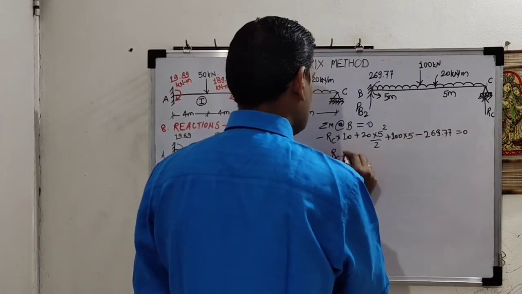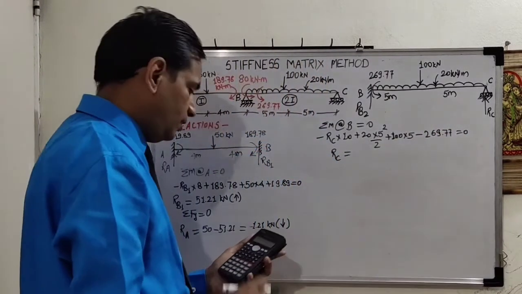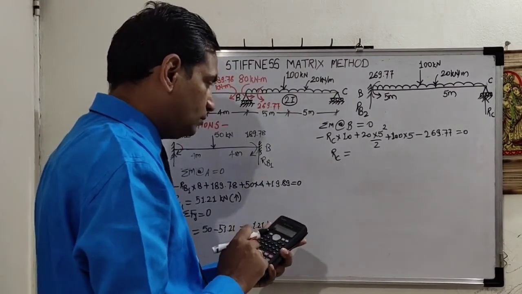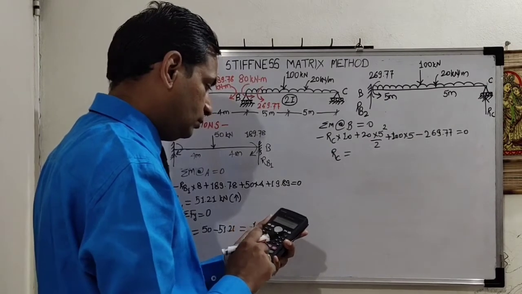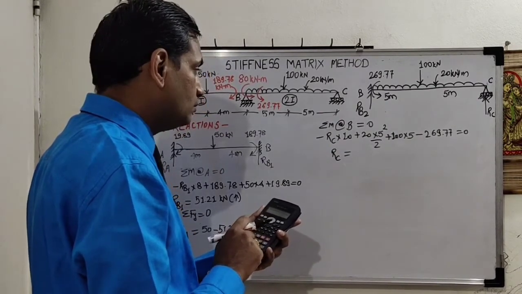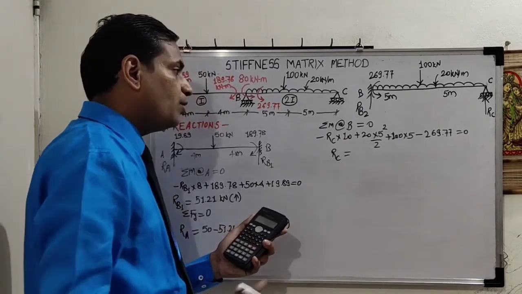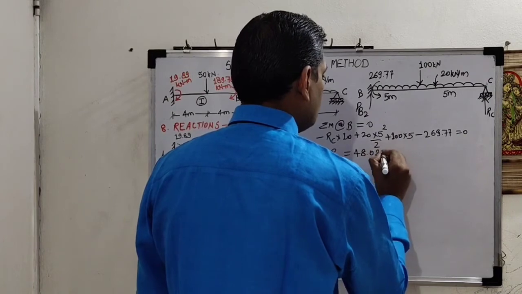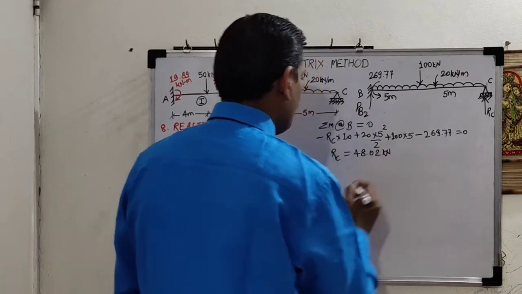So what will be RC? Let us calculate. RC is 48.02 kilonewton.